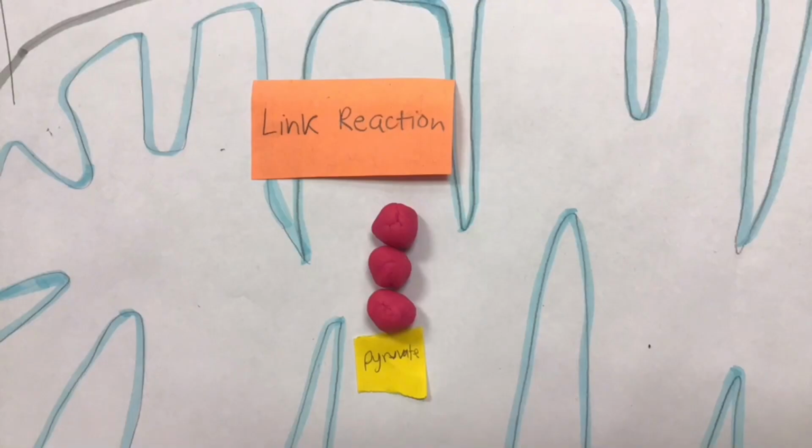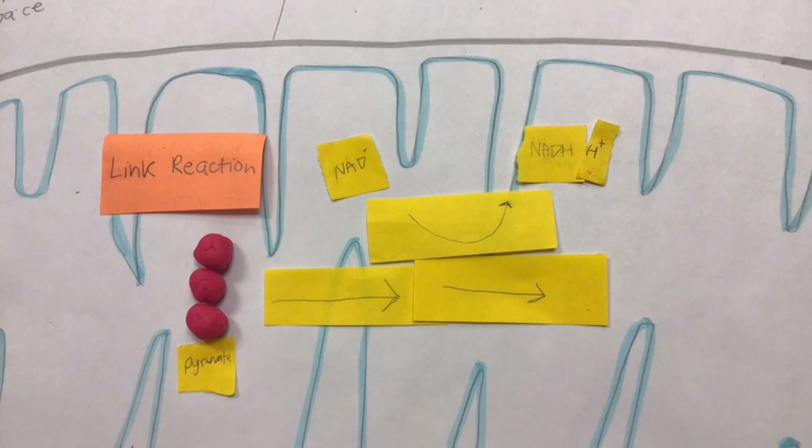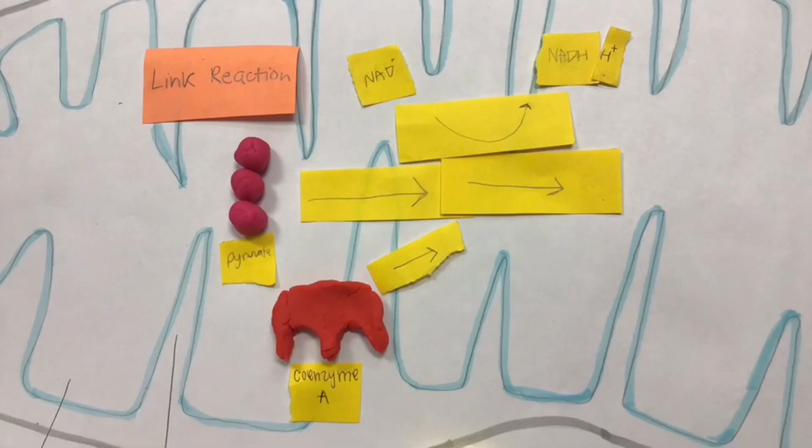The link reaction, also called oxidative decarboxylation, occurs in the matrix of the mitochondria, in between glycolysis and the Krebs cycle. Carbon and oxygen are removed from the pyruvate in a process called decarboxylation, which forms a carbon dioxide molecule as a byproduct.